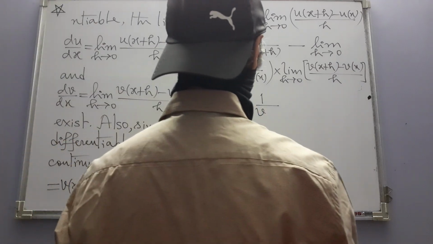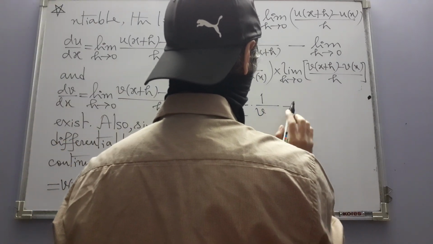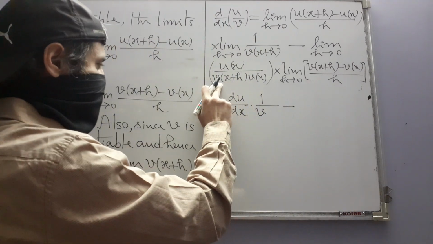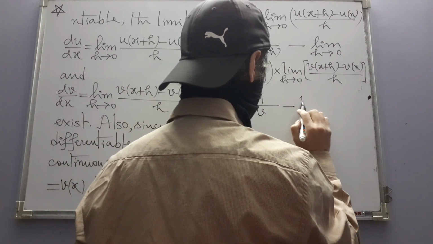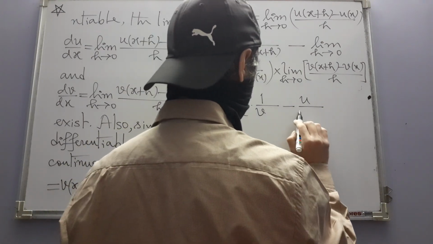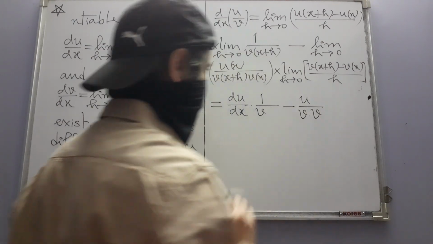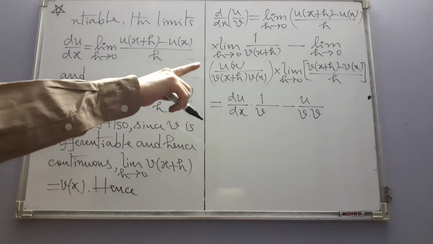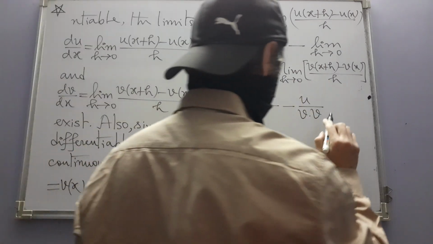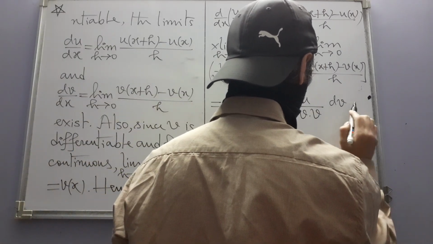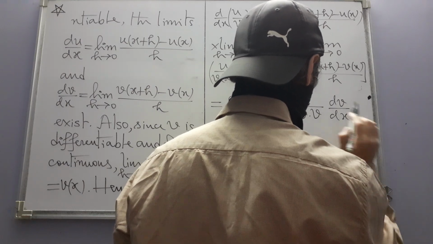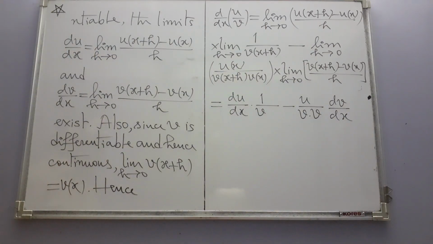So I just simply write v minus the limit of this, as I said just now, is u divided by v times v times the limit of that difference quotient, which is dv dx.